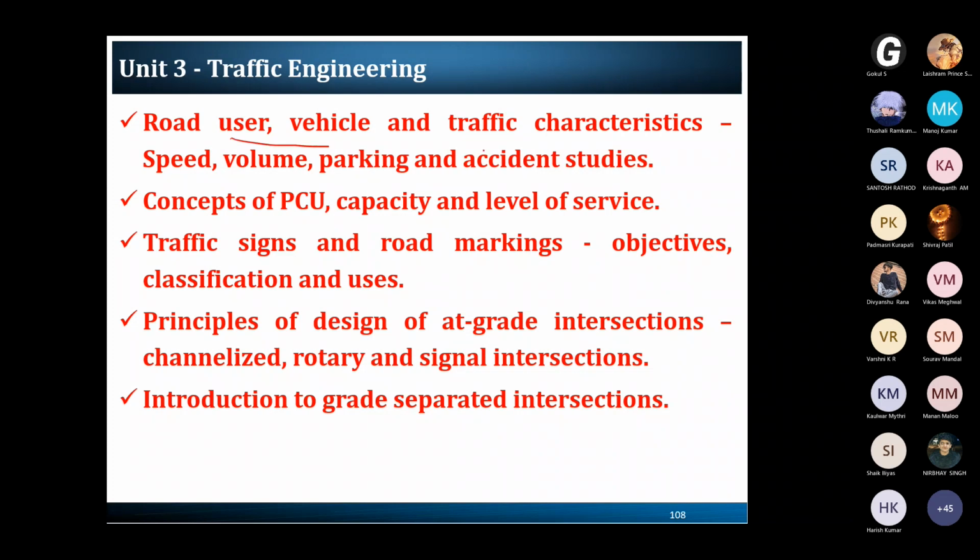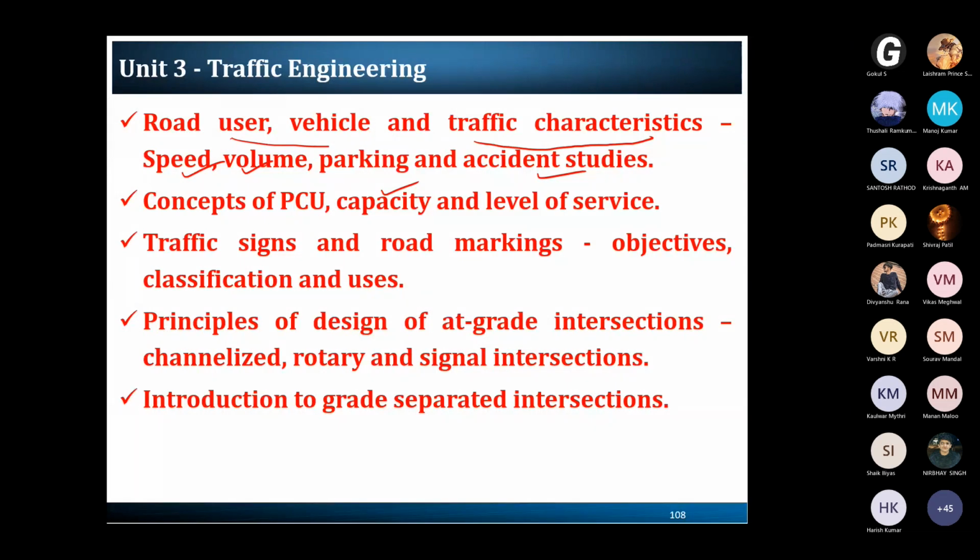And we narrowed down to study in detail the traffic characteristics like volume, speed, parking, and the accidents. All these four major parameters we have seen in detail with respect to their estimation, how to collect on the field, and what representations we have.